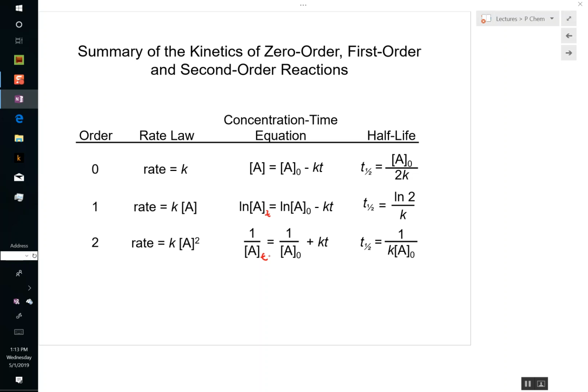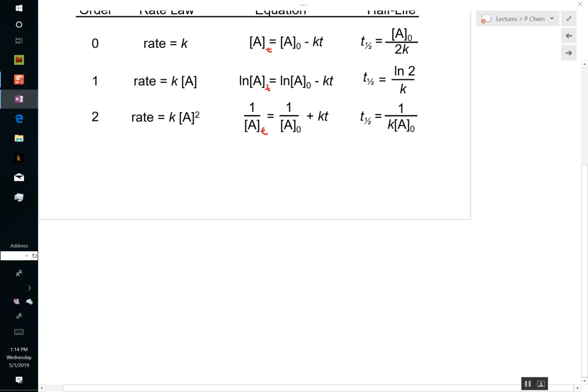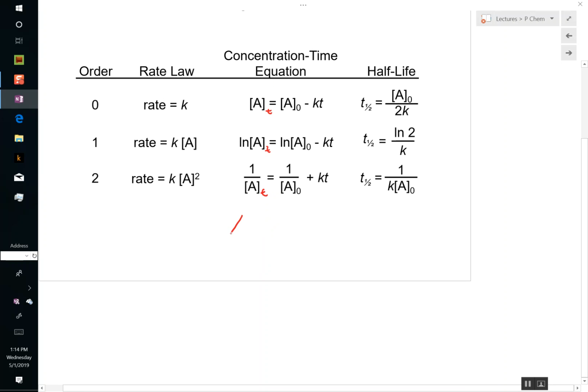The other thing to keep in mind is we're putting these three equations. This is what we want to figure out: what is the concentration of A at any particular time? It's indexed off of the initial concentration.